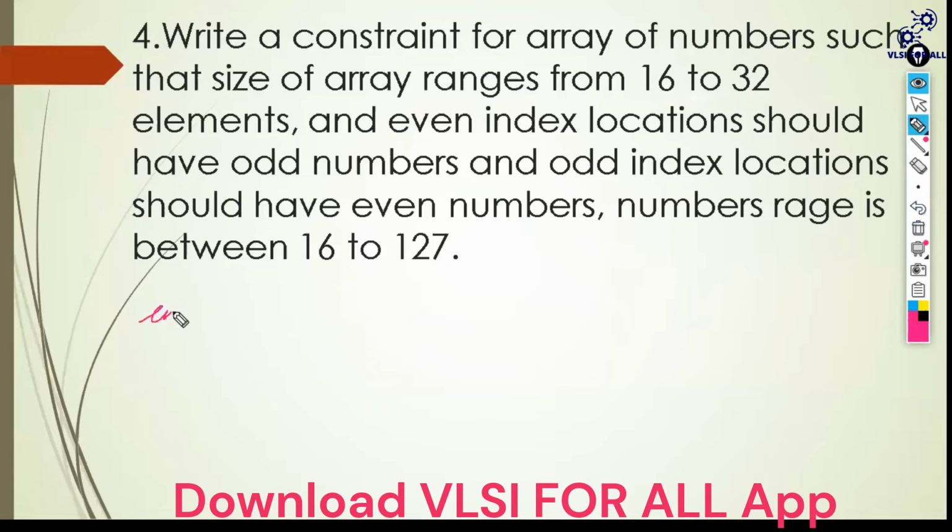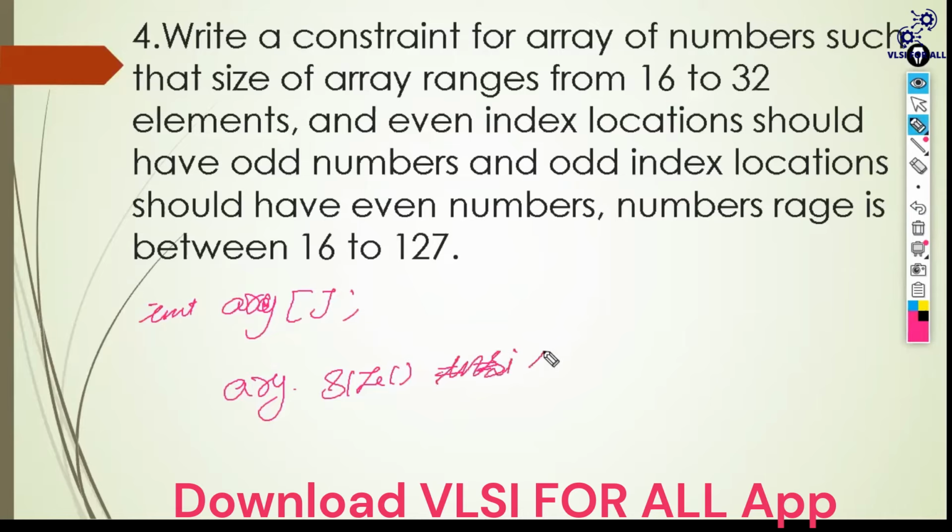So int ary, okay, so ary dot size is equal to, if it is a fixed number, then we can use equal to. Here they asked for a range of numbers. So ary dot size inside, with square brackets, not flower brackets, for a range we need to use the square bracket, 16 down to 32.